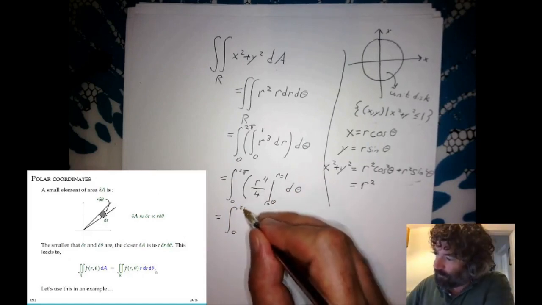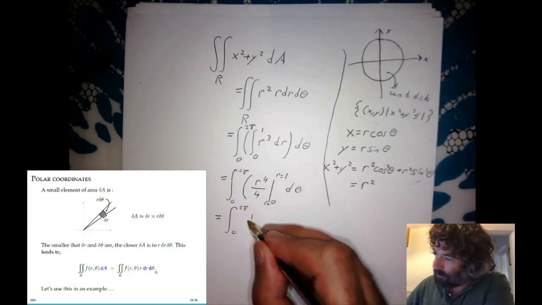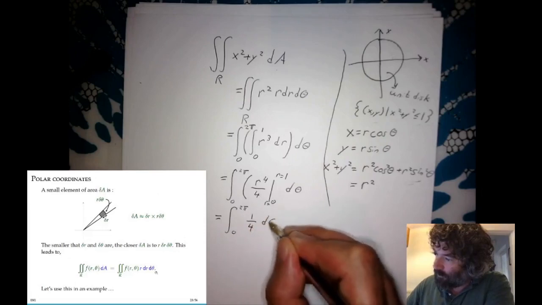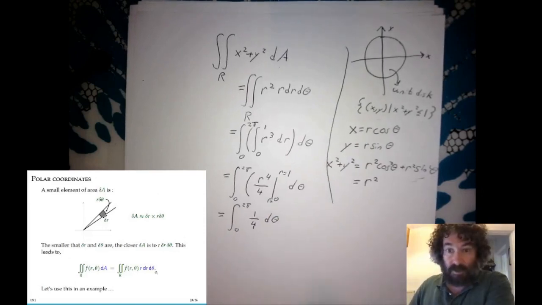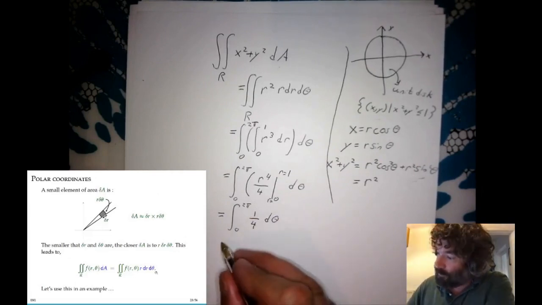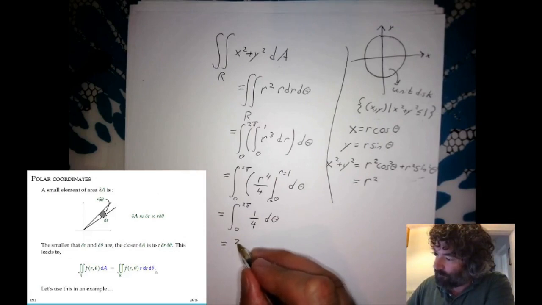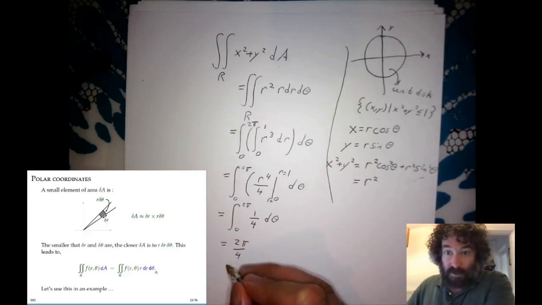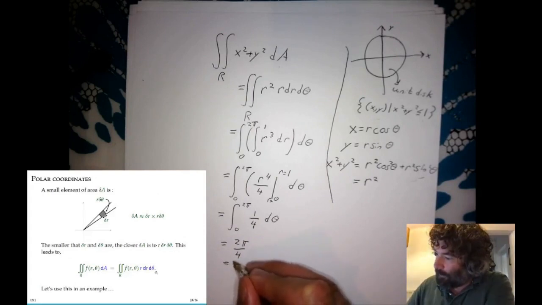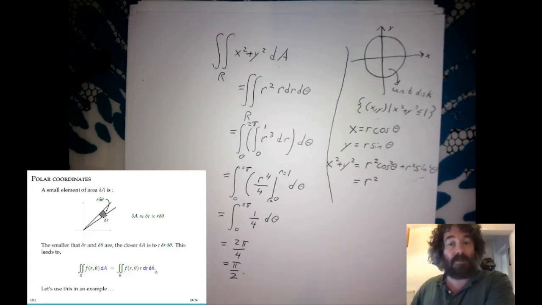And when we plug in r equals 0, you get 0. So this is 1/4 integrated from 0 to 2 pi, and that's just a constant integrated over an interval from 0 to 2 pi, so that will be a constant times 2 pi, the length of the interval. And so it's 2 pi divided by 4, or pi over 2. So this integral over the unit disk using polar coordinates gives us pi over 2.